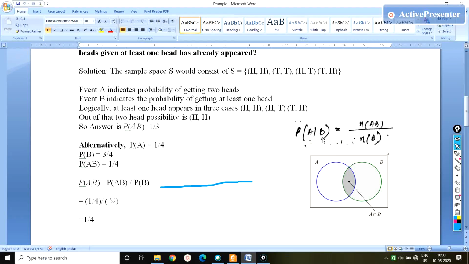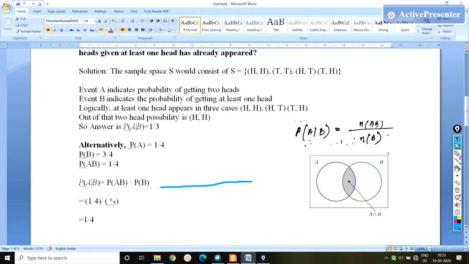What is the probability of A given B? The probability of A given B is such that you have to find the probability of A provided B has already occurred. So if you want to find the probability of A given B, then you have to find the number of cases which are favorable for both the events.